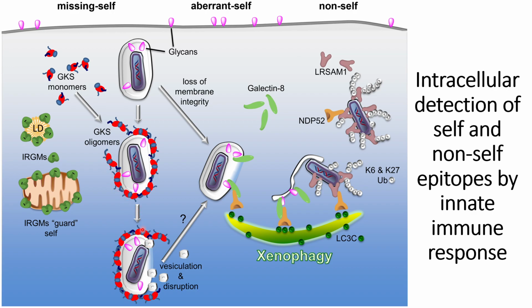After it binds, it will disrupt the pathogen containing vacuole, and thereby this pathogen gets exposed to this galactin 8, that with the help of this NDP52 helps in xenophagy.